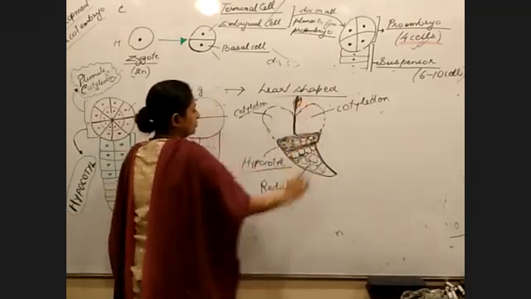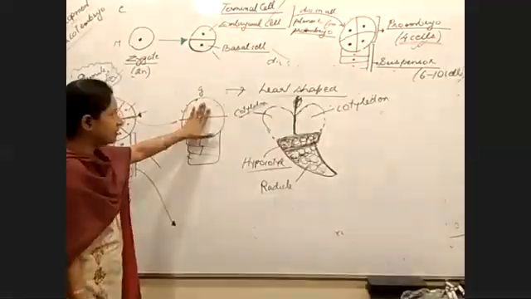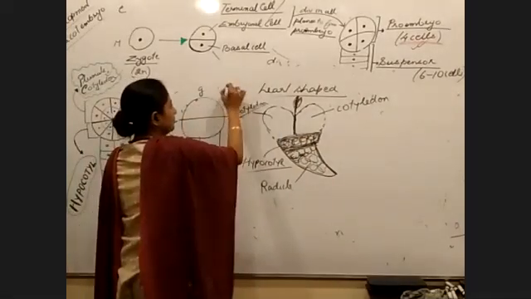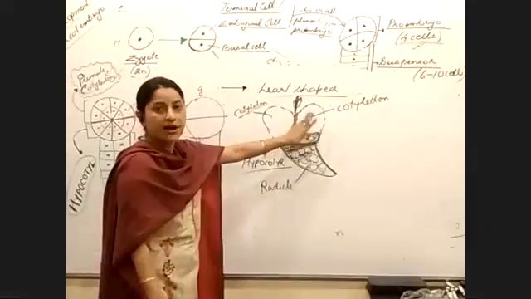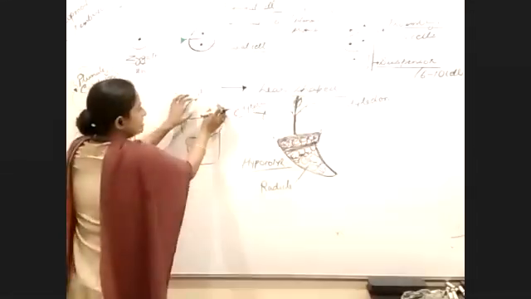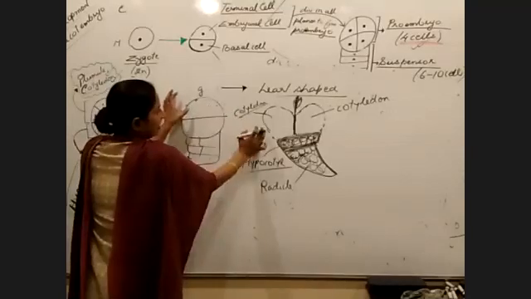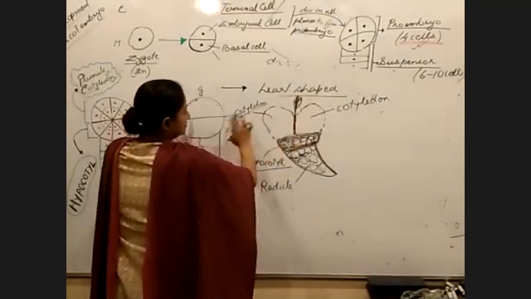Is the point understood? Globular structure transformed into a heart-shaped structure. How did it become heart-shaped? Basic cell division happened and then ultimately formed the heart-shaped structure.